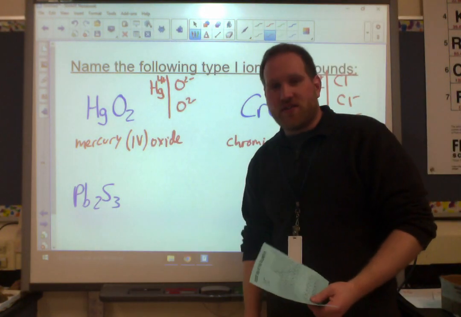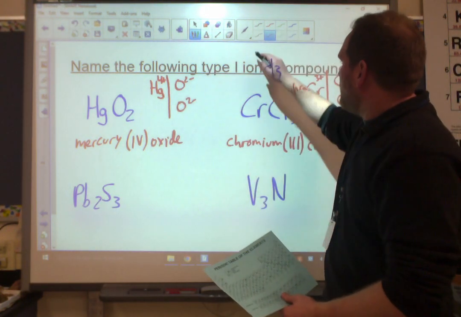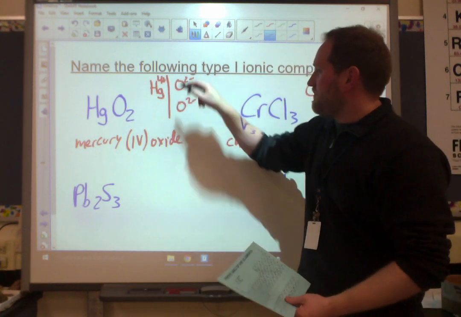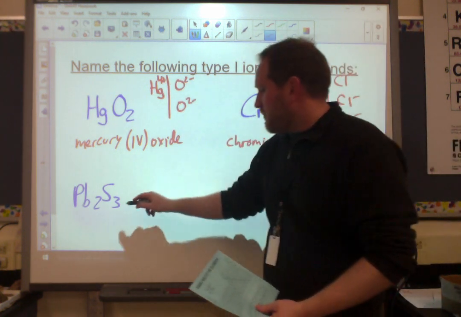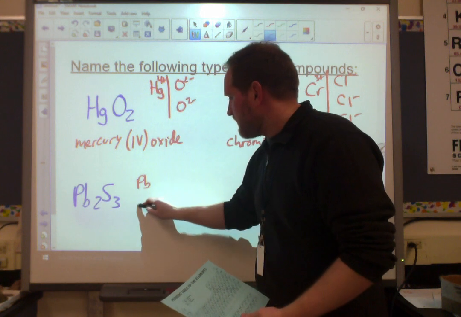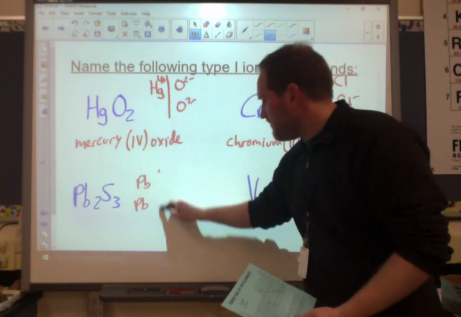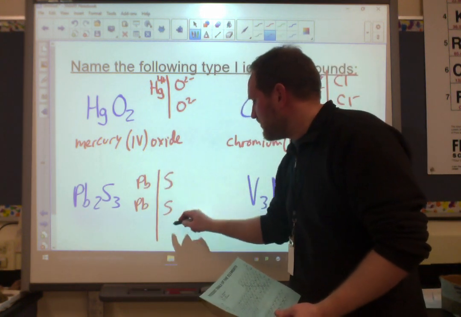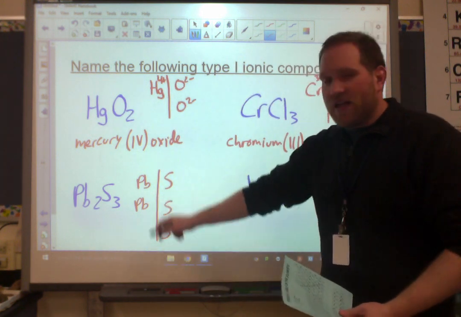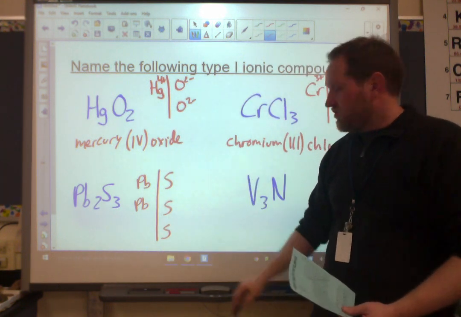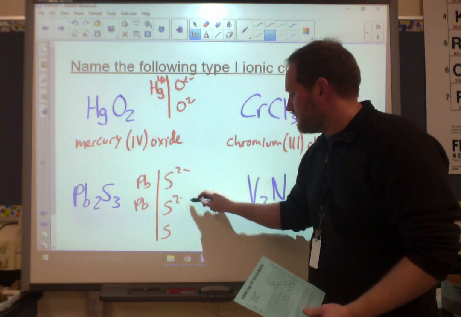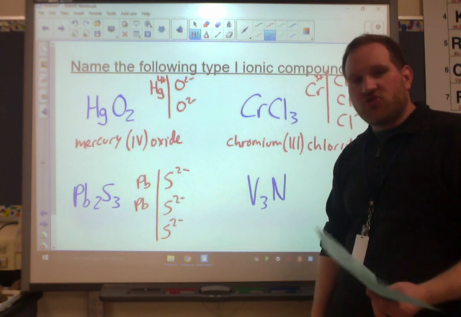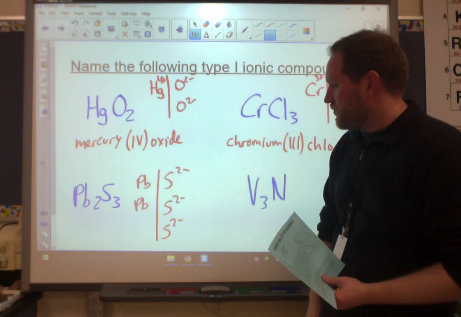So let's figure out what this lead's charge is. Well, again, I'm going to use my trusty method here. On the positive side, I have 2 leads, Pb, Pb. On the negative side, I have 3 sulfurs. I don't know lead's charge, but I do know sulfur's charge. Sulfur is 2 minus. So what must each of those lead charges be in order for this to work out?